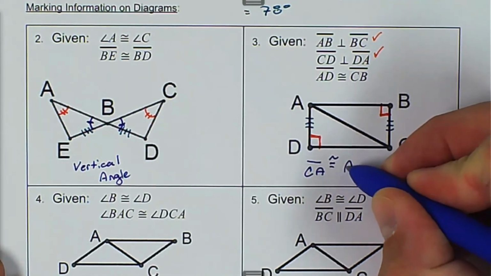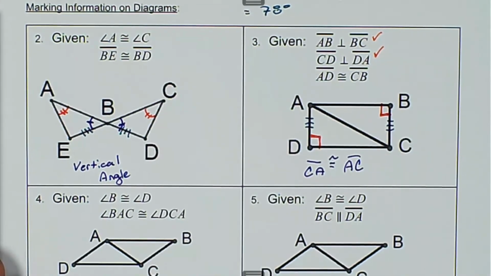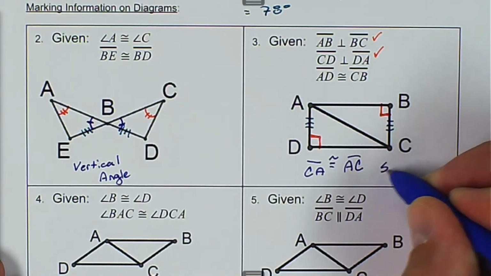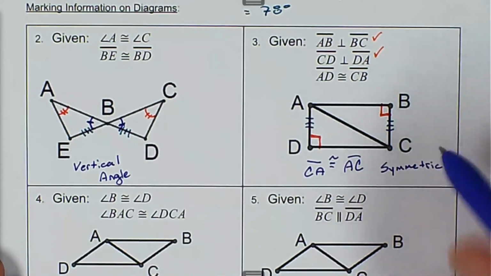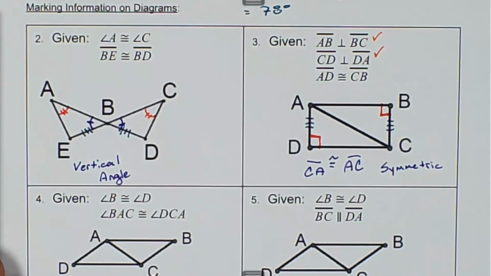So that's going to be line segment AC, and that is by the symmetric property, because it's basically the same line segment, just written in a different order.